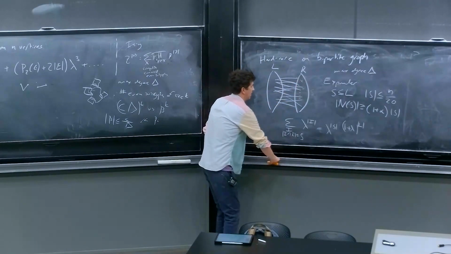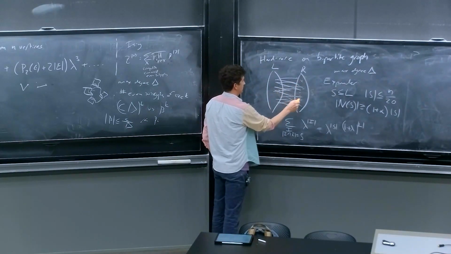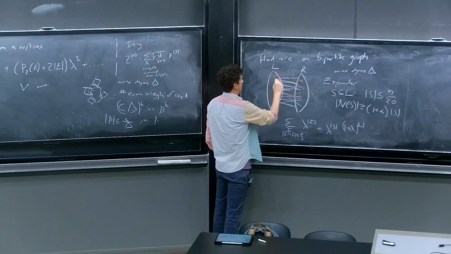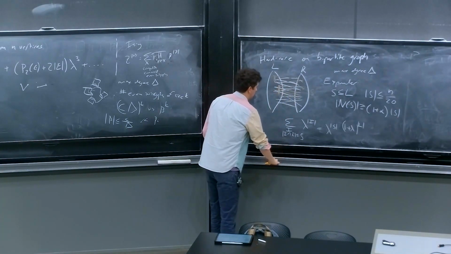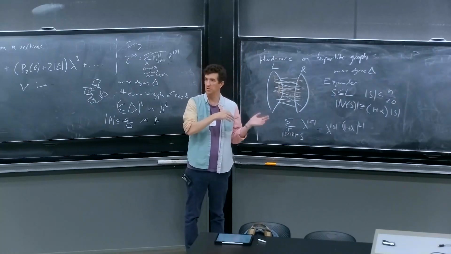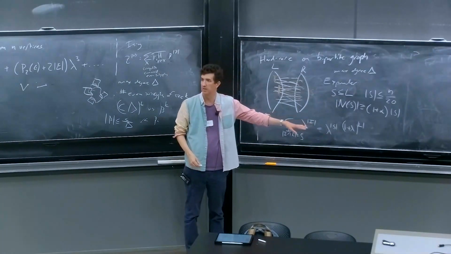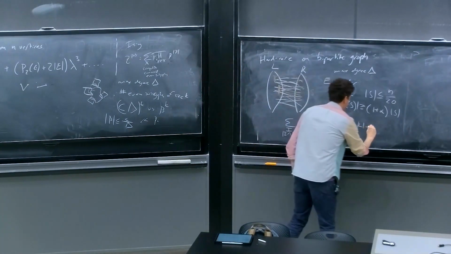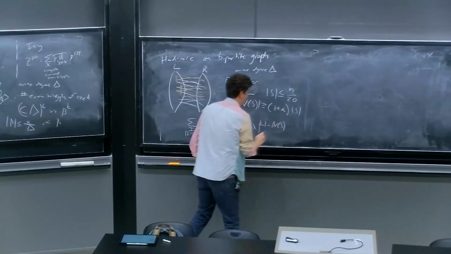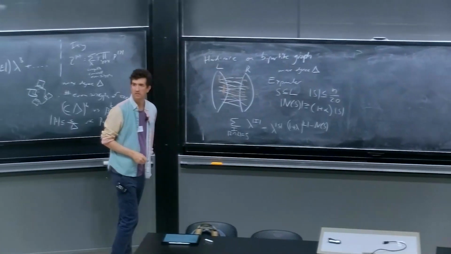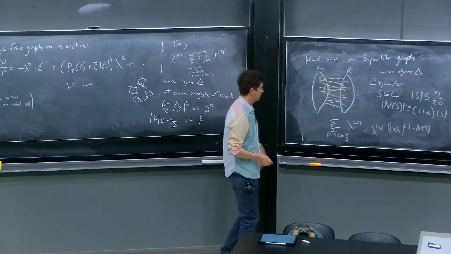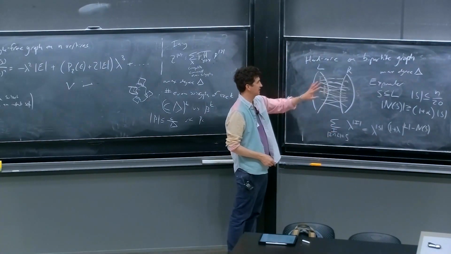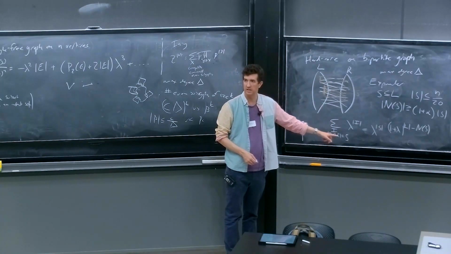But you can't do that, because these guys have some neighborhoods, and you can't put anyone there. So which choices do you lose? You lose a choice for any guy in the neighborhood. So this is minus the size of the neighborhood of S. Good, so that's an identity. That's exactly the contribution from those independent sets.